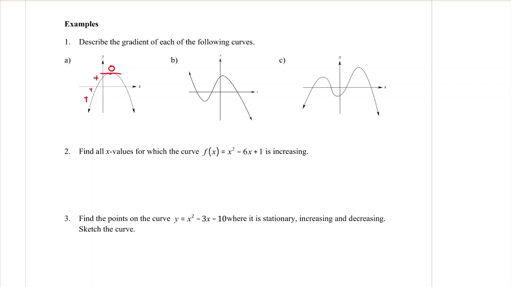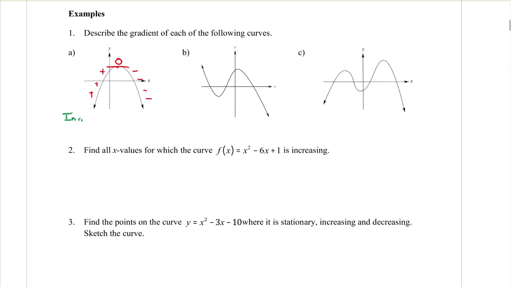On the right-hand side, the curve is decreasing, so they are negative gradients. If I were to write down a description in words, I would say it is increasing to a maximum stationary point and then decreasing. So I'll write that down for you. Let me make that bigger.